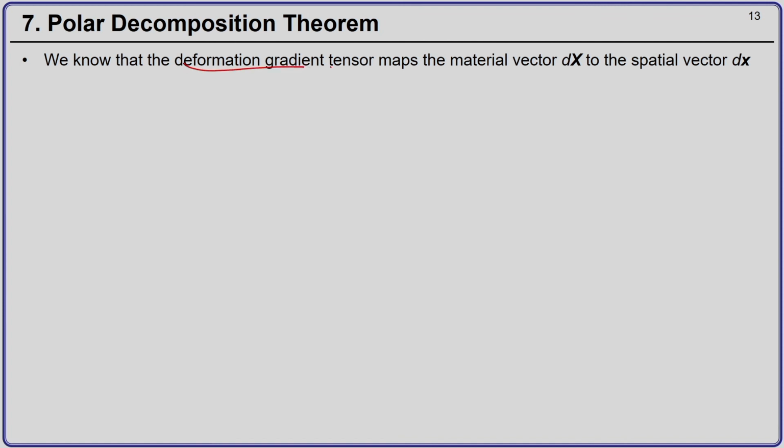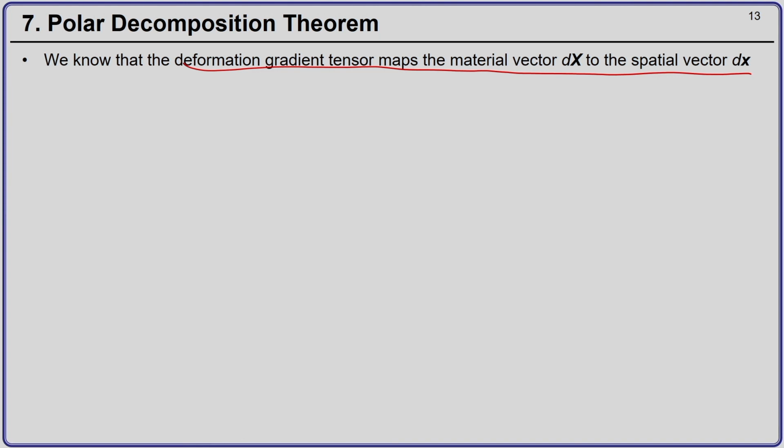So, the polar decomposition theorem. Before we start, you remember that the deformation gradient tensor maps the material vector to the spatial vector dx.